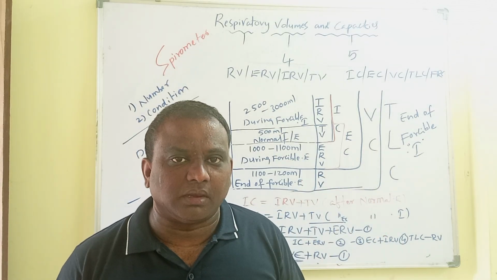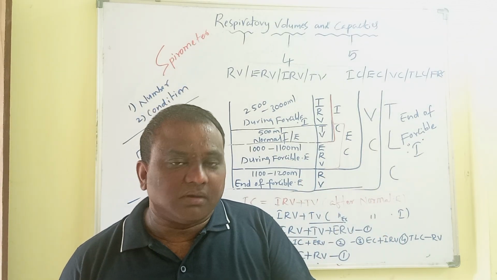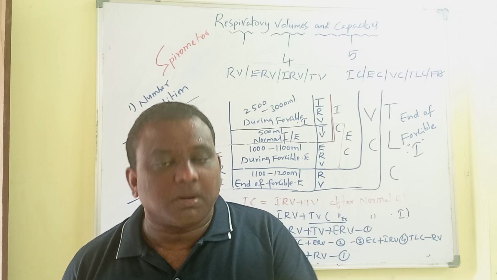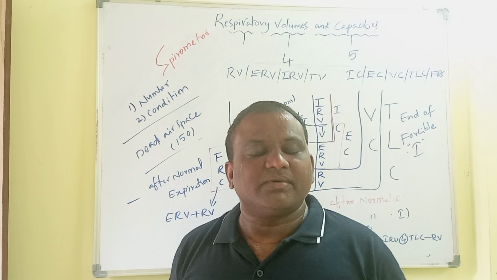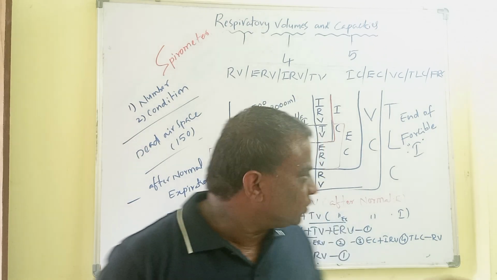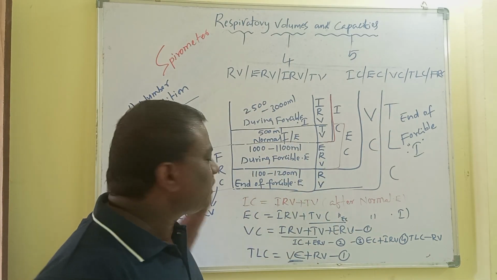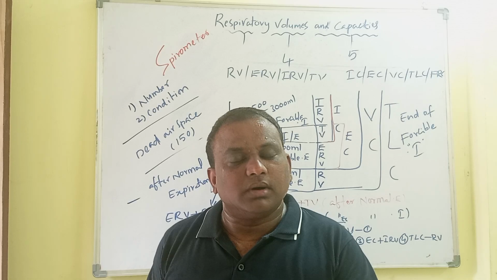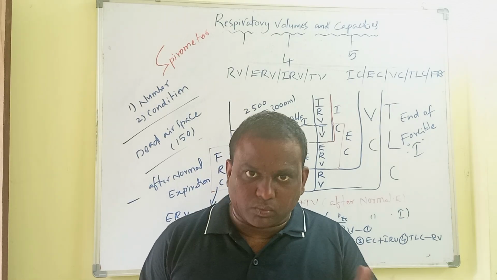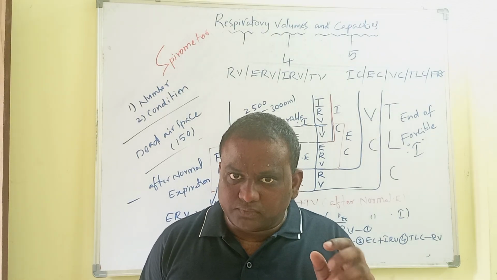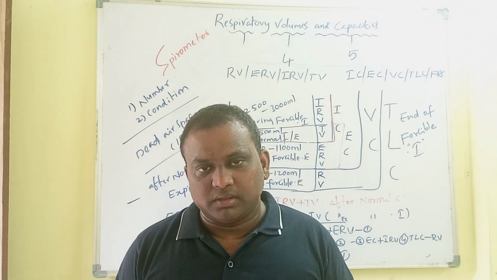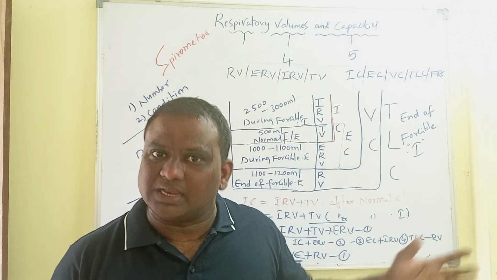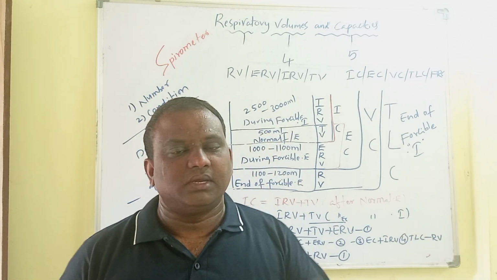Out of 500 ml, 150 ml remains in the conducting part of the lungs. So only 350 ml is available for the exchange part. This 150 ml of air is called dead air volume, or dead air space. Out of tidal volume, only 350 ml is available for the exchange part. So that is all about respiratory volumes and capacities.